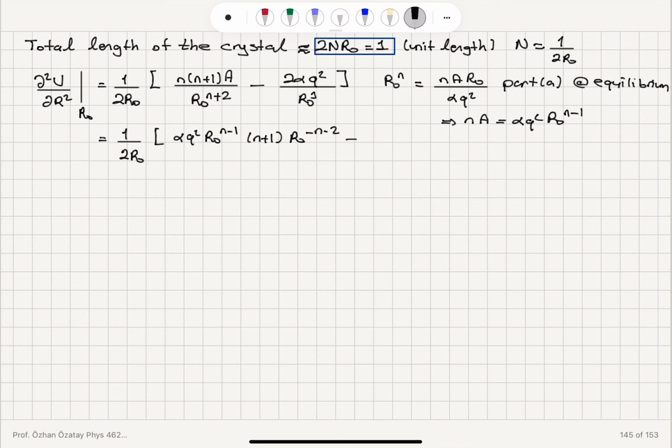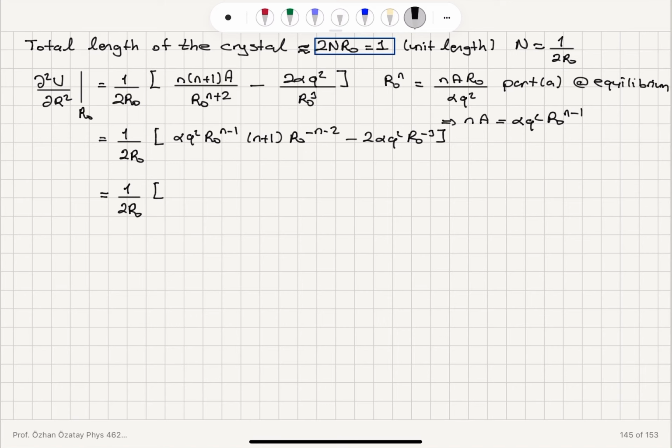And then I have minus 2 alpha q square r0 to the power minus 3. And this is equal to 1 over 2 r0. So n minus 1 with minus n minus 2 is going to give me a minus 3.